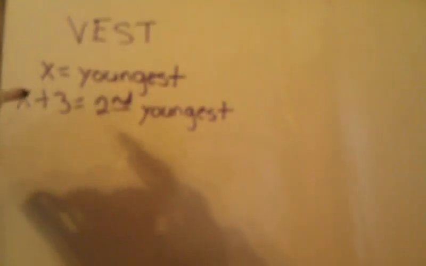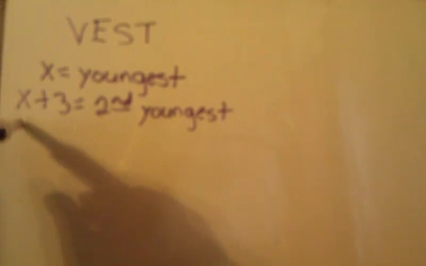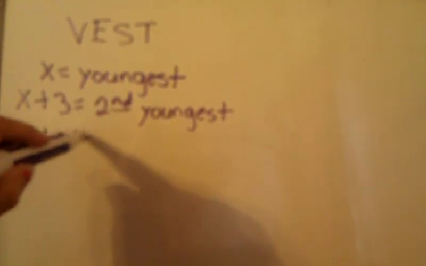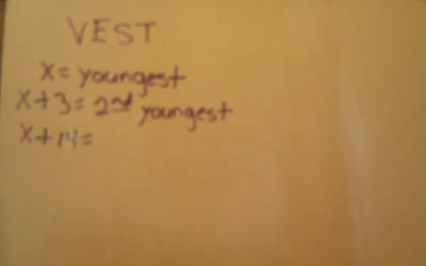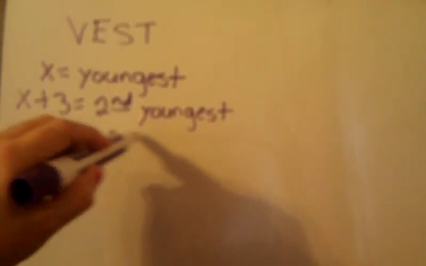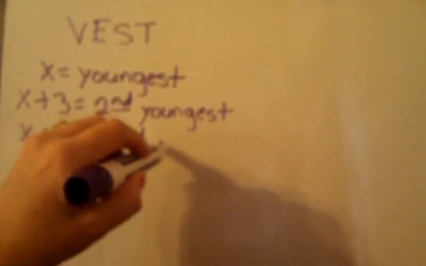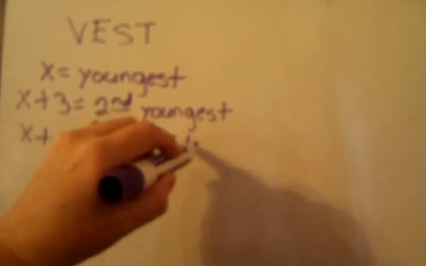What does that tell me? That tells me the second oldest is 14 years older than the youngest, right? So X plus 14 is going to be the second oldest. Are you with me?